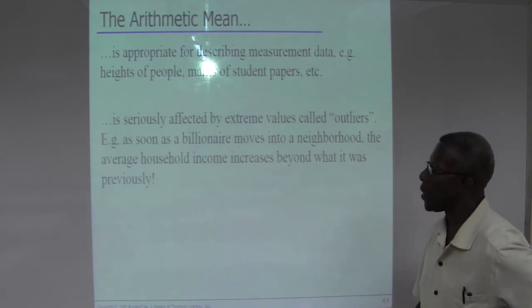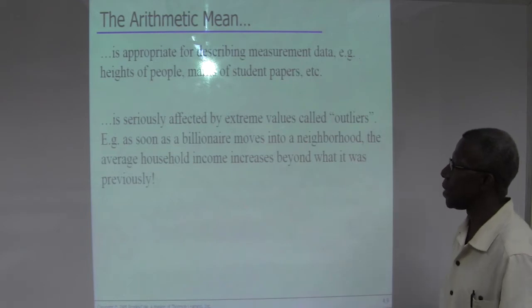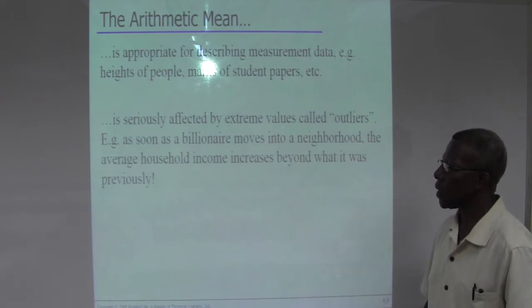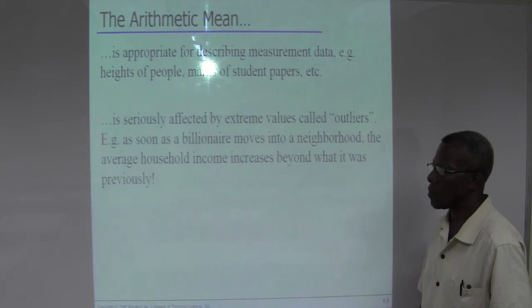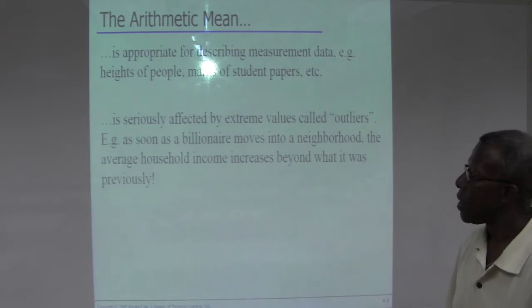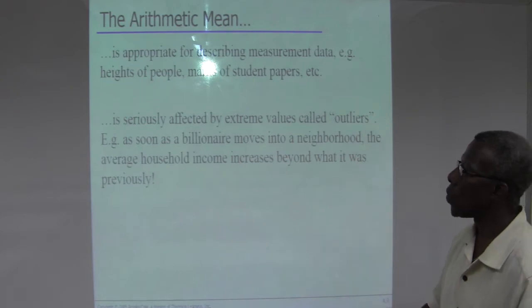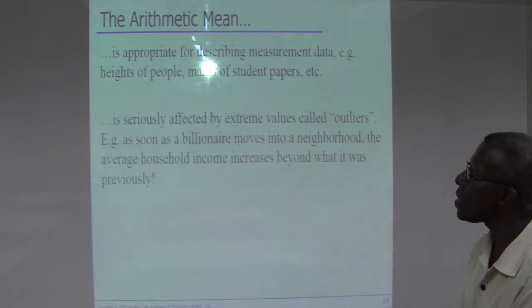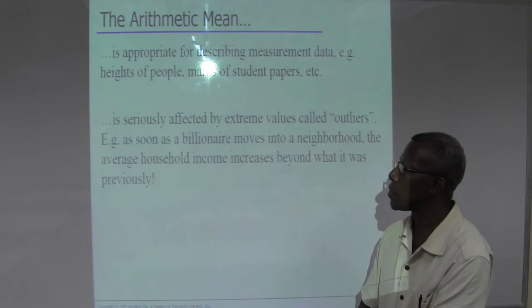As soon as a billionaire moves into a neighborhood, the average household income increases beyond what it was previously. So the large figure is going to cause a skew, and the mean moves in the direction of the skew.